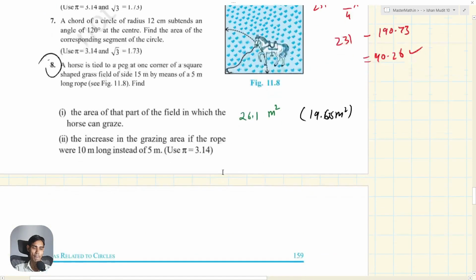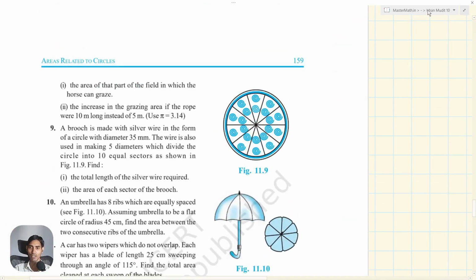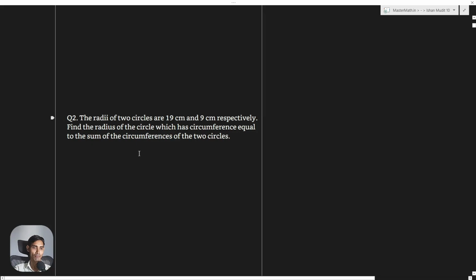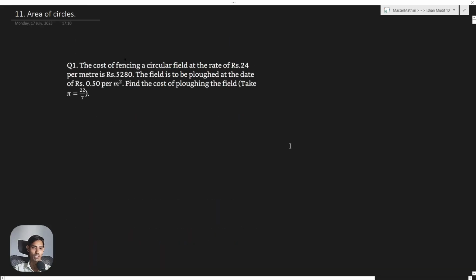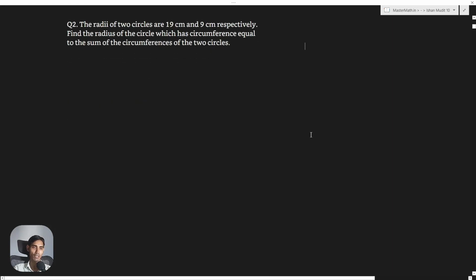Okay, so we are kind of done with this chapter. There's no other concept. Let us go to the worksheet. I had a lot of things, nearly double the questions in the worksheet that I have.